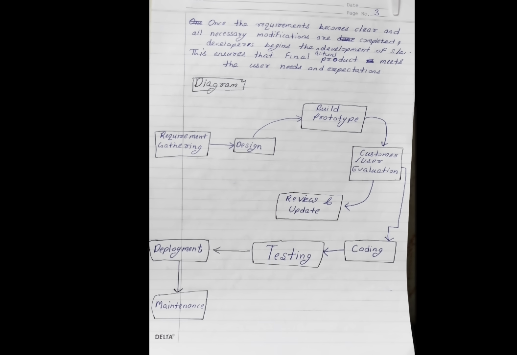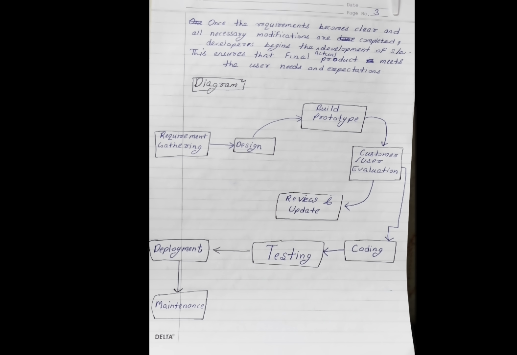So we can say that overall, the prototype model is an effective software development model for projects where requirements are unclear or likely to change. And it also helps in improving communication, reduces risks, helps in identifying errors early, and it also increases the customer satisfaction.